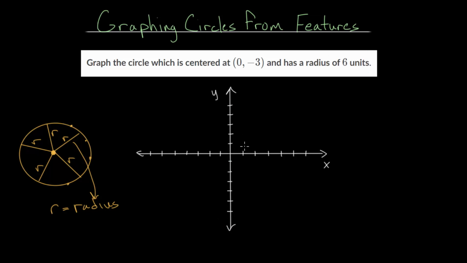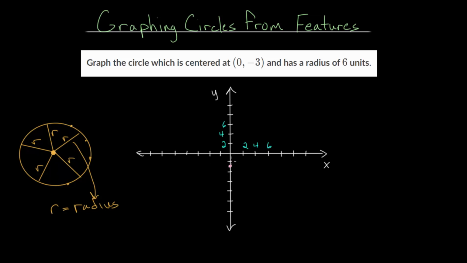I'm actually going to use a scale of 2 here: 2, 4, 6, and so on, and same for the y values. So the center of this graph would be at (0, -3), 0 for the x value and -3 for the y value, where this is -2 and this is -4, and -3 is in the middle of those.